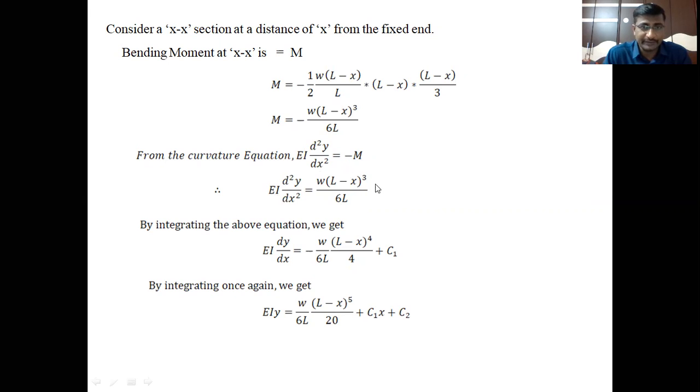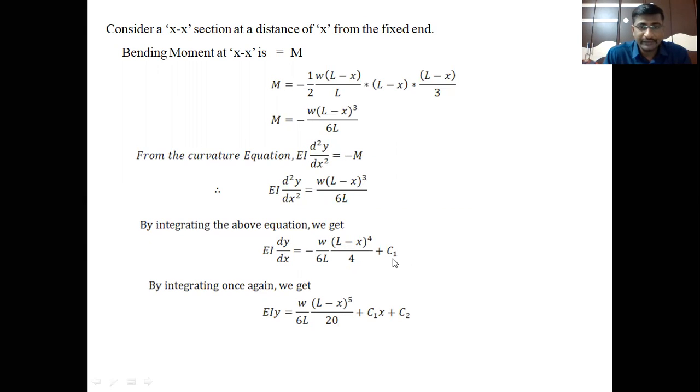According to Macaulay's method, if we integrate this, on the left hand side we will get EI dy by dx. EI is the constant, the integration of d square y by dx square is dy by dx, is equal to W by 6L, into the integration of (L minus x) whole cube, minus (L minus x) whole power 4 by 4. Since minus x is there, that's why we are taking the minus sign in front of this expression.